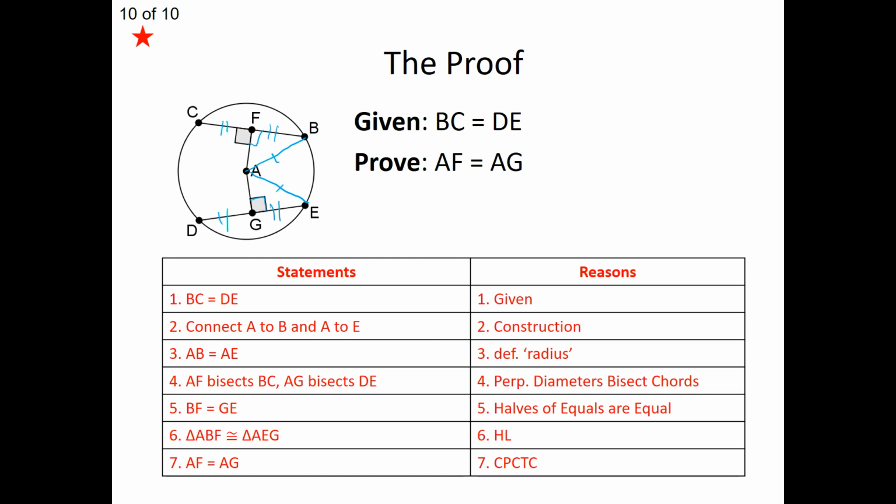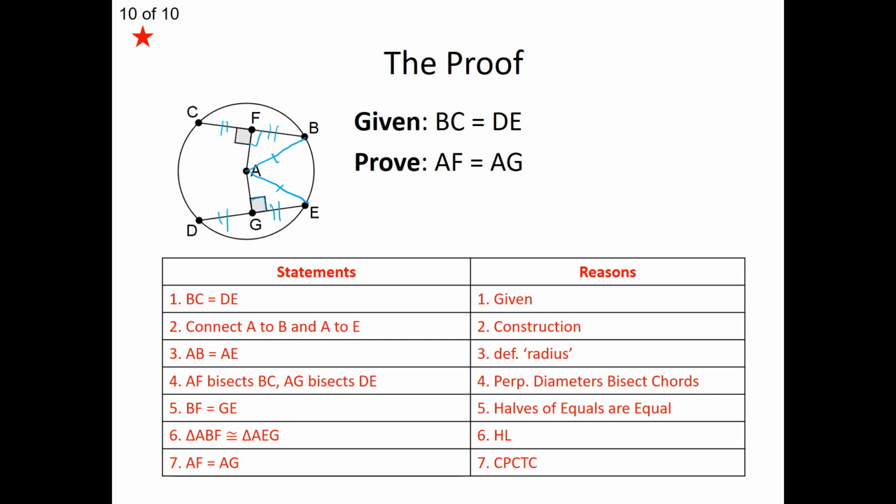We have hypotenuse leg. Because our hypotenuses are equal, we have an equal pair of legs, and with the right angles in there, we know we have our special case hypotenuse leg. Now, what does that mean? We can invite our best friend, CPCTC, to the party, and that means we can claim our third pair of sides must also be equal to each other. AF is equal to AG, just like we wanted to prove in our setup.